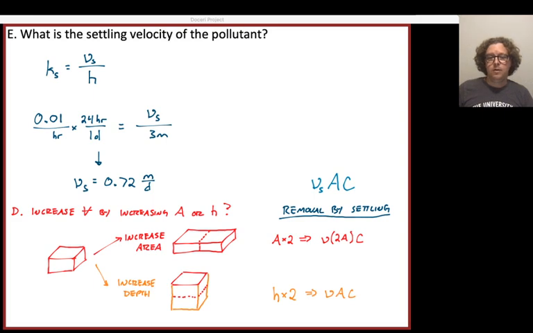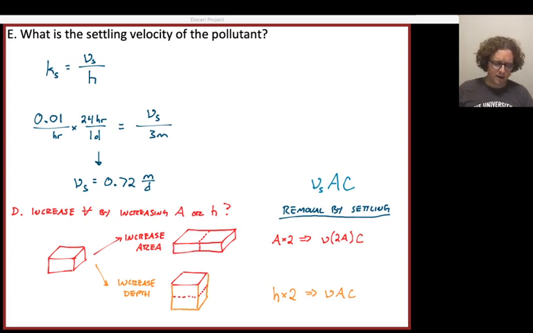On the bottom, however, when we double the depth, there's no change in removal. So when a client says, I want to make my pond twice as effective, I'm going to double its volume by digging it deeper, our answer should be, no, that's going to be a waste of your money. You need to make its area larger if you want settling to remove more of that pollutant.